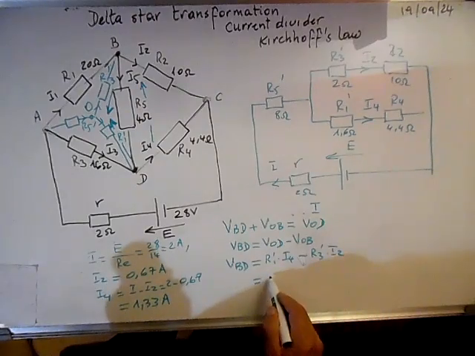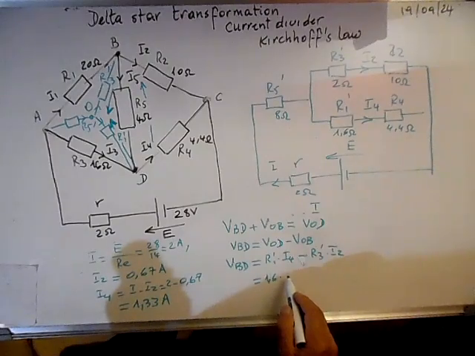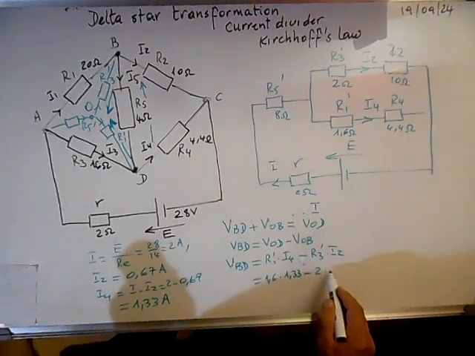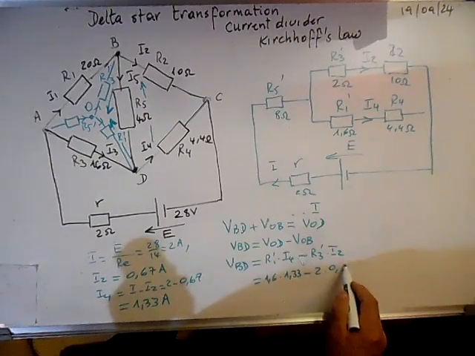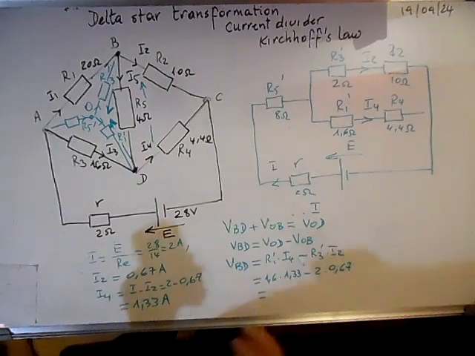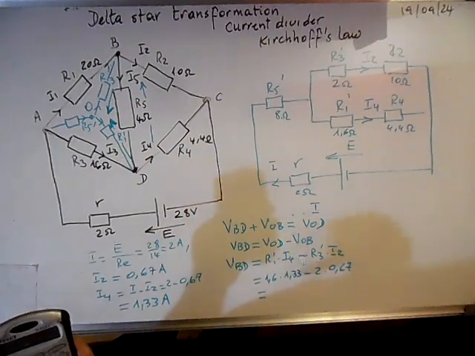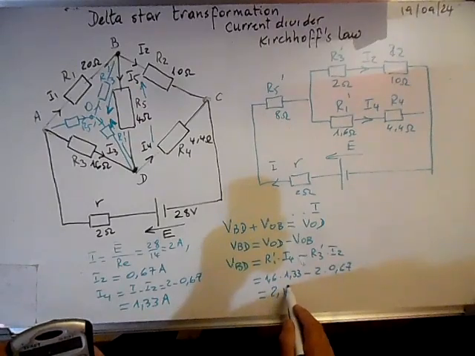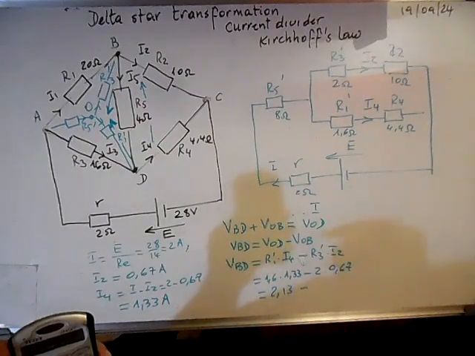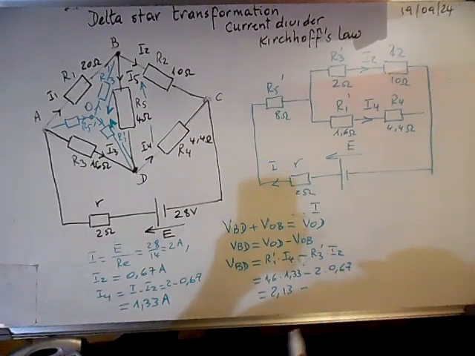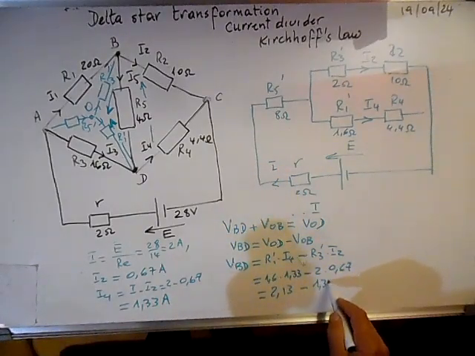So it means that we have 1.6 times I4, 1.33, minus 2 times I2, 0.67. So it means that 1.6 times 1.33 is 2.13, minus 0.67 times 2, this is 1.34.